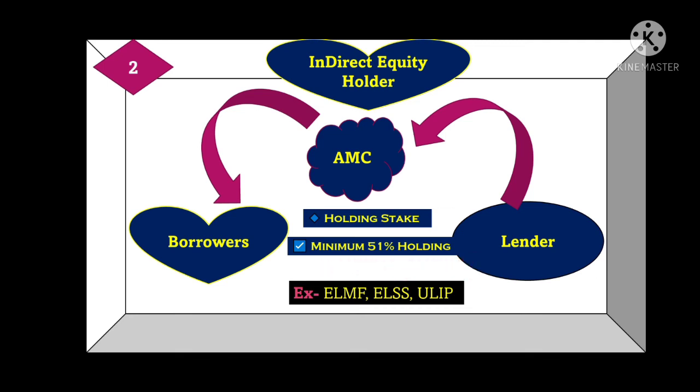ELMF stands for Equity Linked Mutual Funds, ELSS is Equity Linked Savings Schemes, ULIP is Unit Linked Insurance Policy. So these were SIPs, right? These are the examples by which a lender can acquire securities, shares of a borrowing company, right?